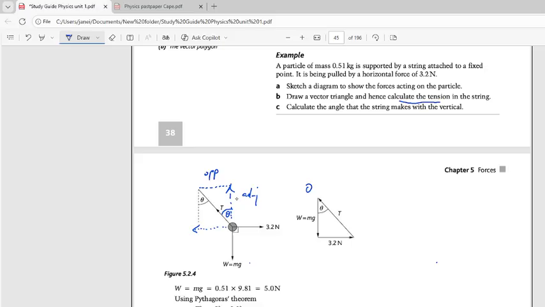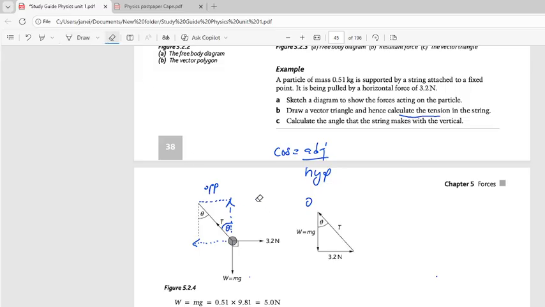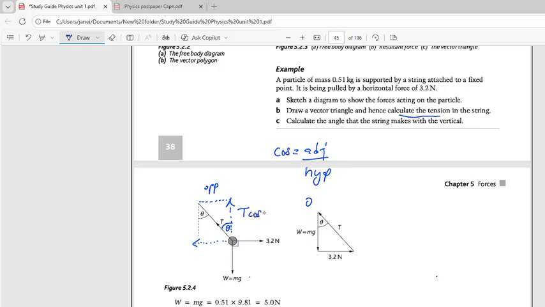I want my adjacent side, and I know the hypotenuse. So cos theta is equal to adjacent over hypotenuse. So the force going upward will have a value of T cos theta.